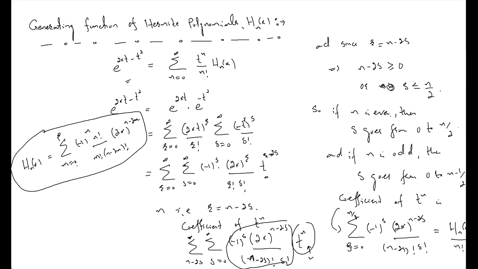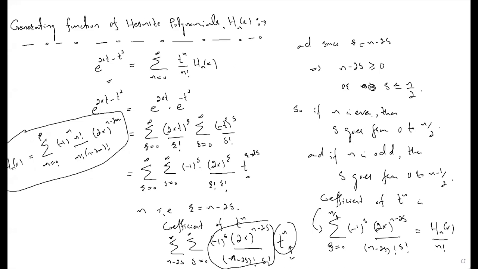Just go through the last lecture, where we found the solution to the Hermite differential equation. Now look at this and this. If I multiply the numerator and denominator by n factorial, this thing will be equal to hn of x.